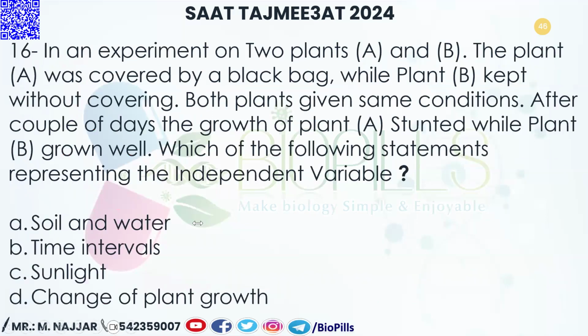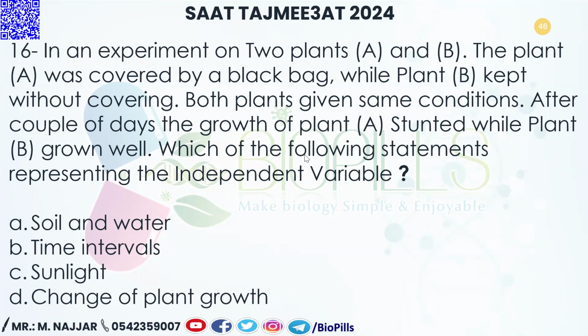Question number 16. In an experiment on two plants, A and B, plant A was covered by a black bag, while plant B was kept without covering. Both plants were given the same conditions. After a couple of days, the growth of plant A was stunted, while plant B grew well. Which of the following statements represents the independent variable?